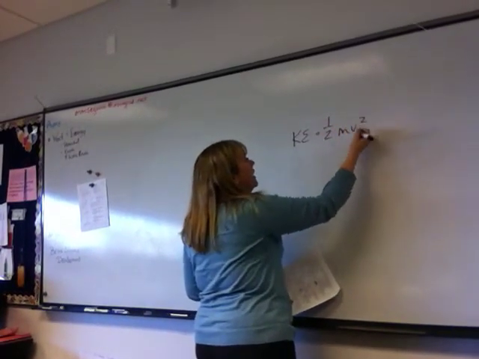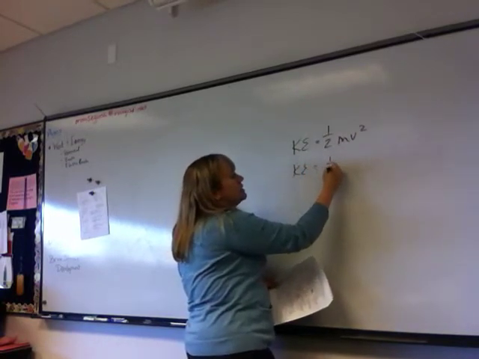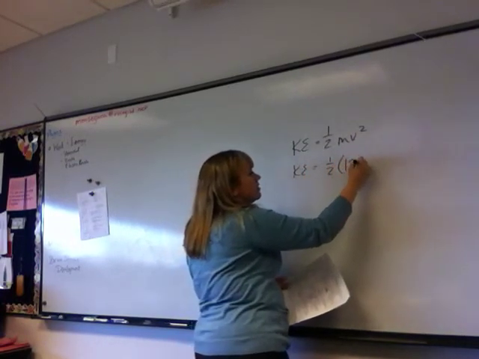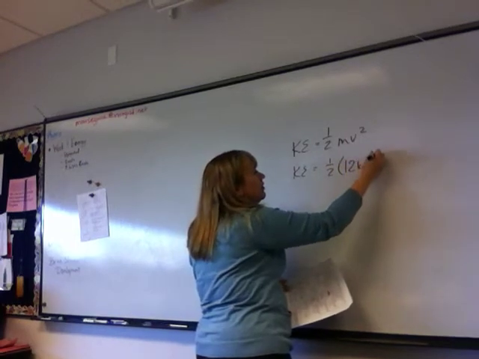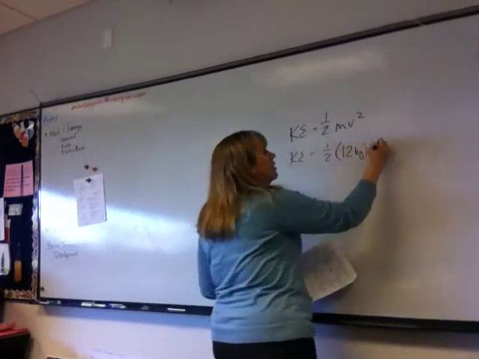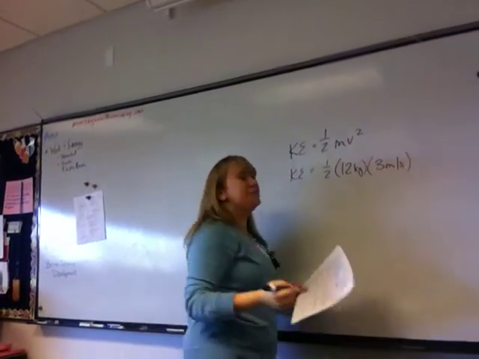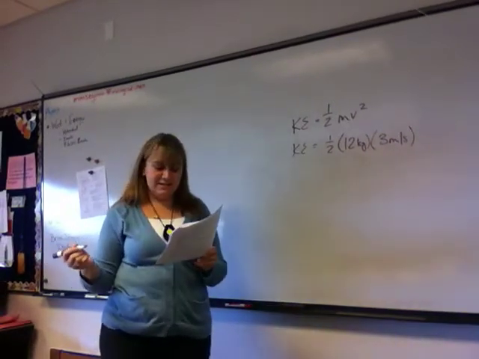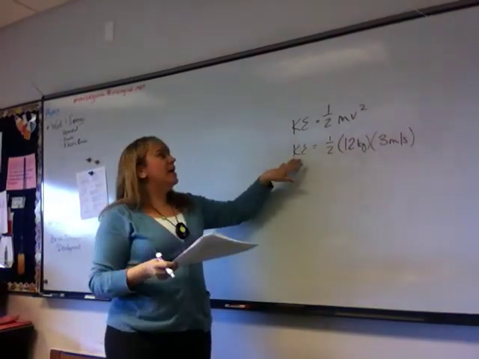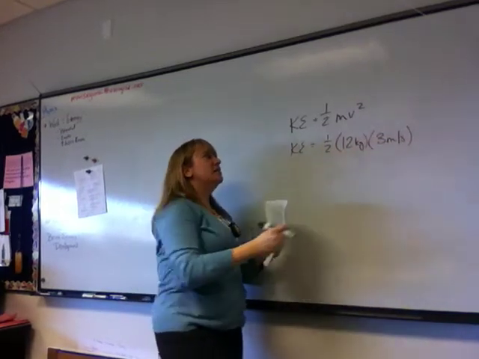1/2 mv squared. So, we're solving for kinetic energy. So, what's the mass of the box? 12 kilograms. How fast is he carrying it? He's carrying it 3 meters per second. So he's got the 12 kilogram box, carrying it 3 meters per second squared.